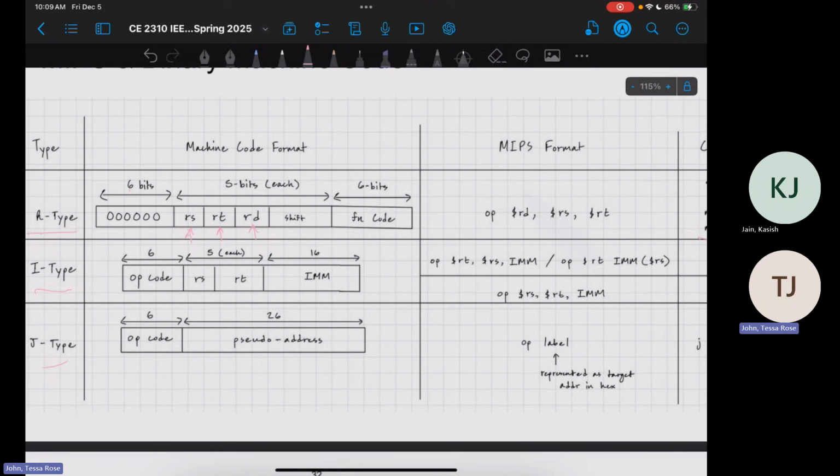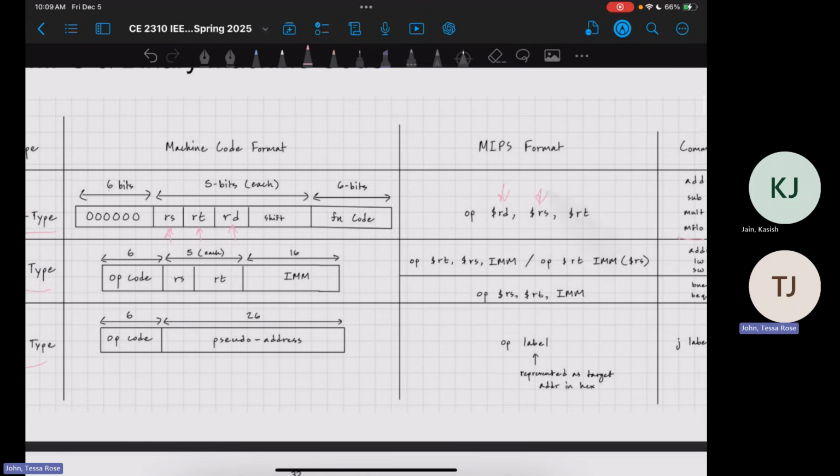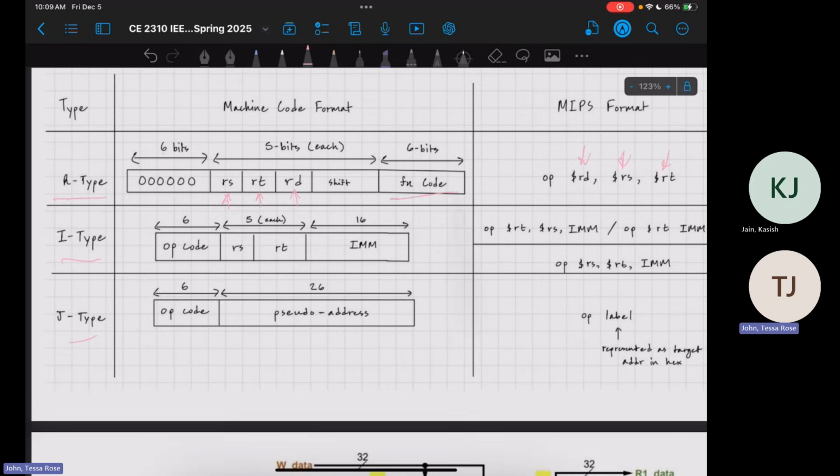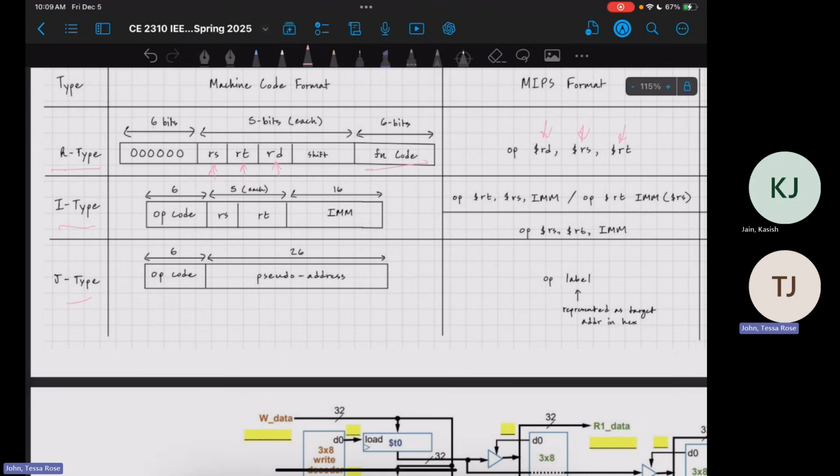So the RD is where you store your data in. RS is like the first number that you access, or the first register file that you access, and this is the second one. And then this is just the 6-bit code.